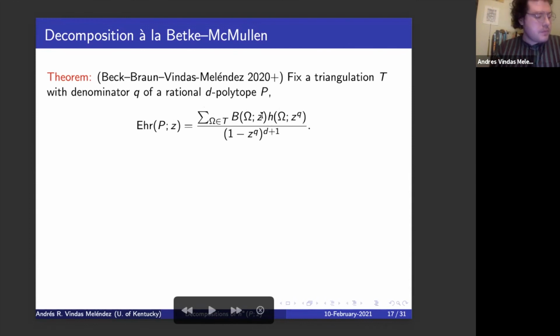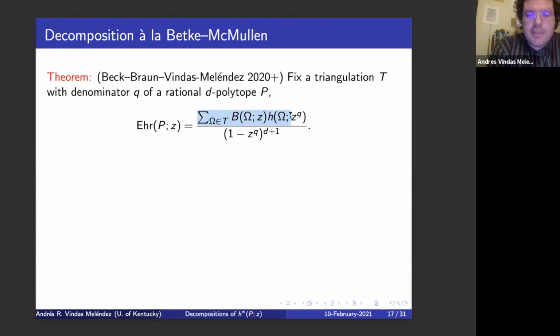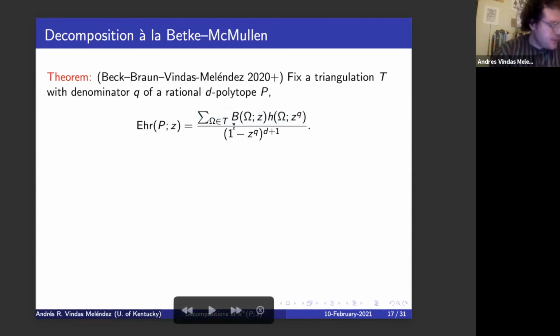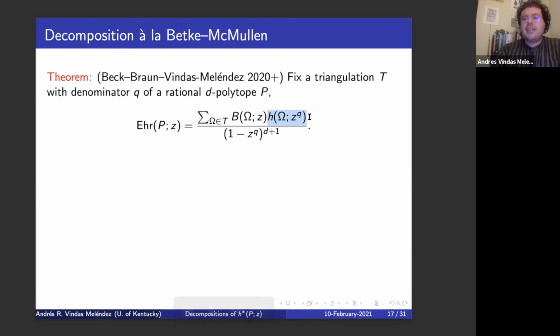I should say that this is why I like this: it brings together the arithmetic data from the simplices of a triangulation and combinatorial information coming from the structure of the triangulation.